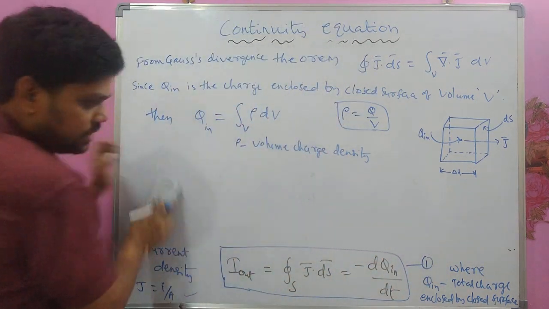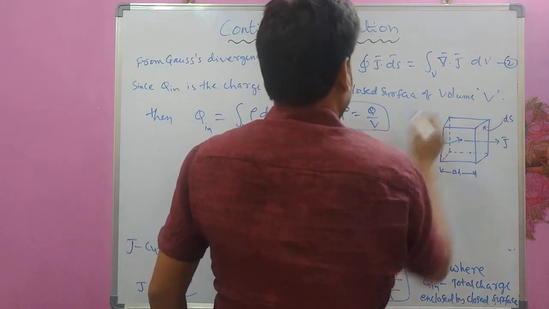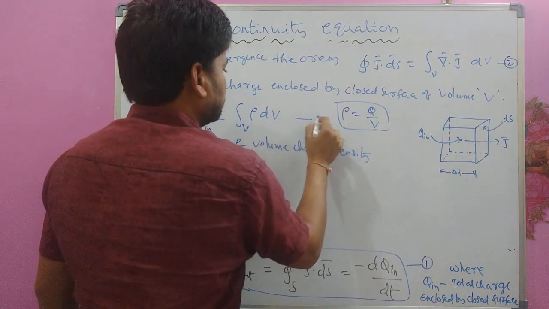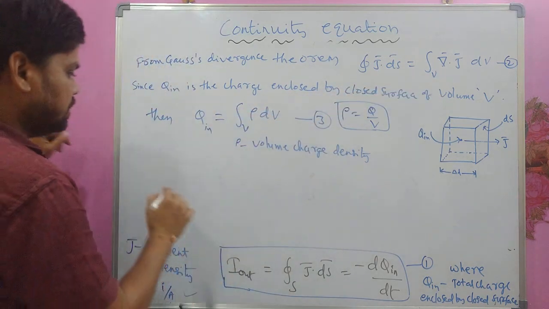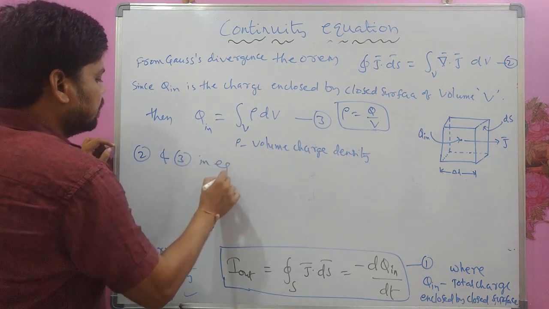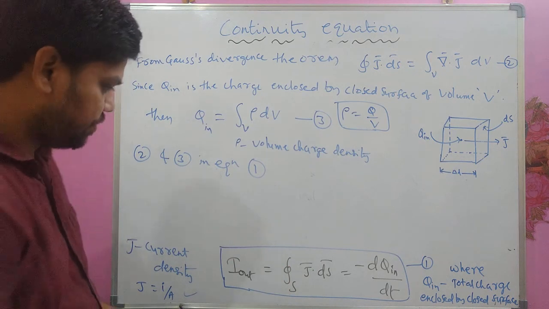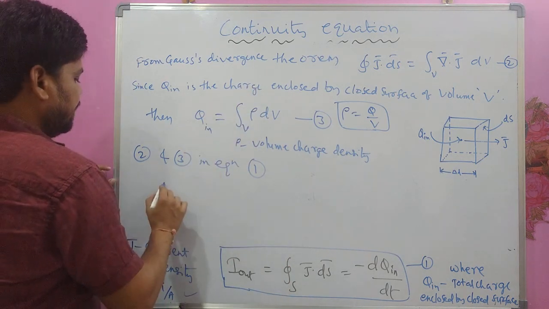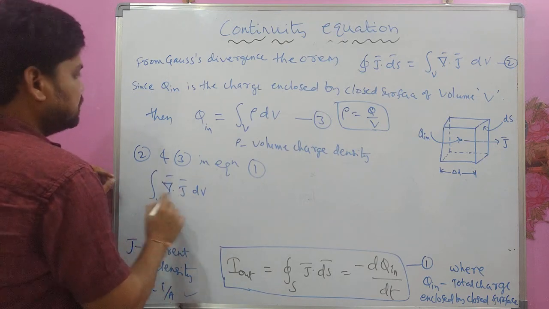And from equation 1 we know this, and this is equation number 2, and this is equation number 3. Putting 2 and 3 in equation 1, what do we get? Del dot J dV volume integral.